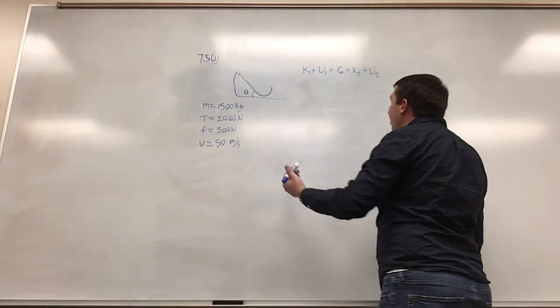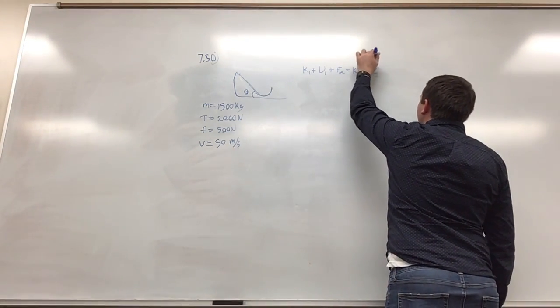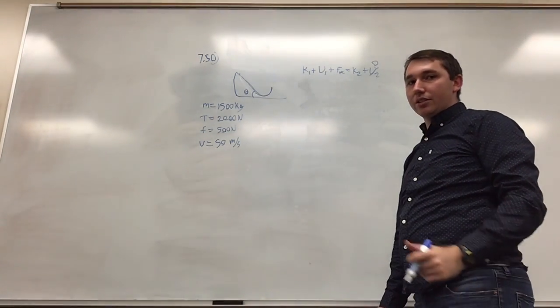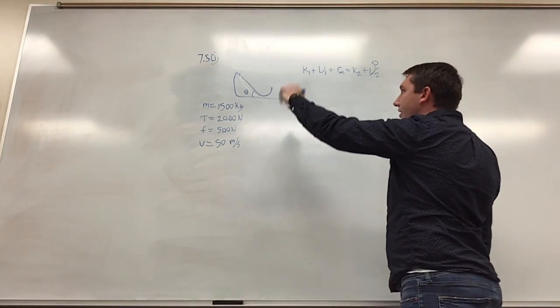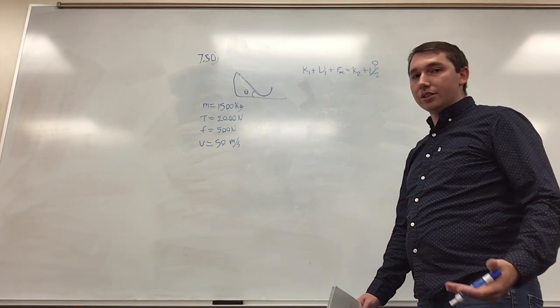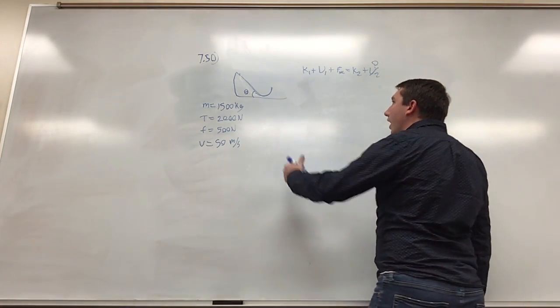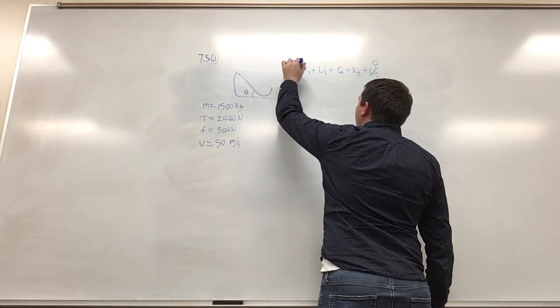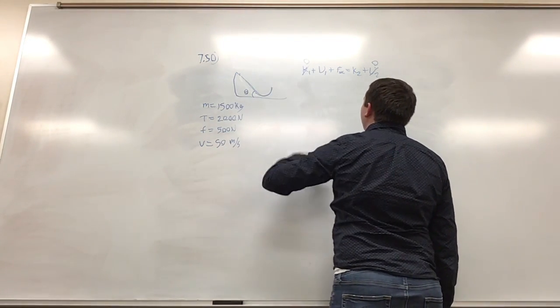We know that at the bottom of the ramp, it's going to have zero potential energy because the potential energy due to gravity will have all been turned into kinetic energy. And we know that it starts at rest, so its initial kinetic energy is going to be equal to zero.